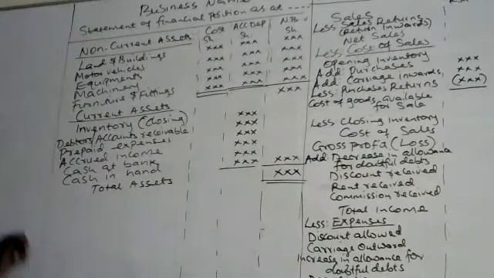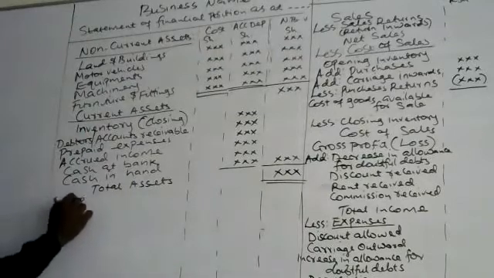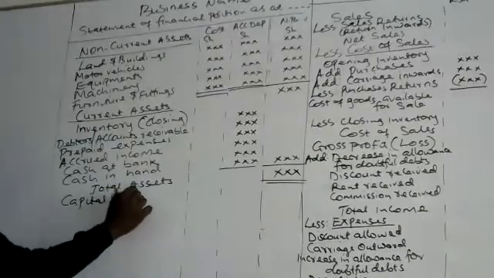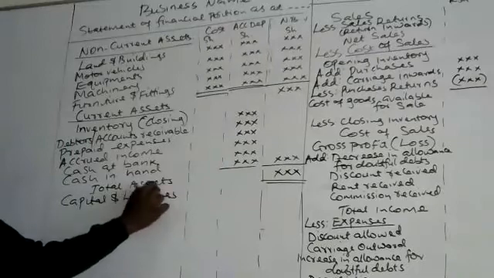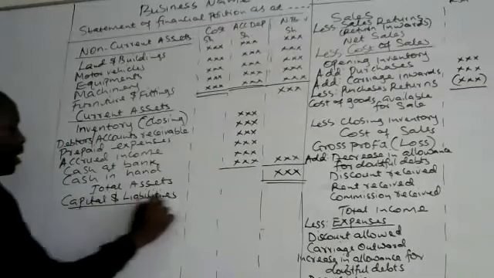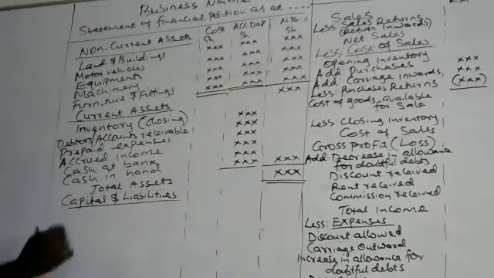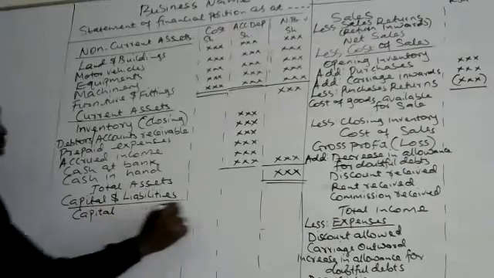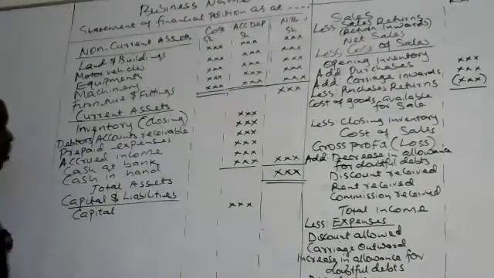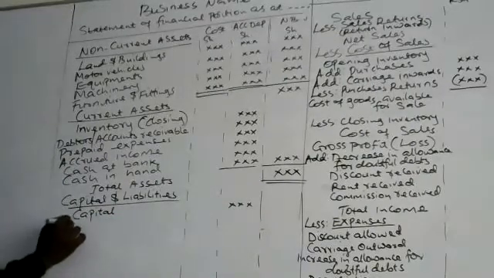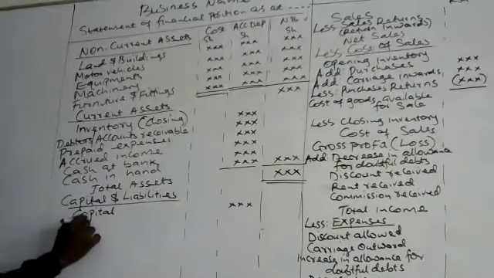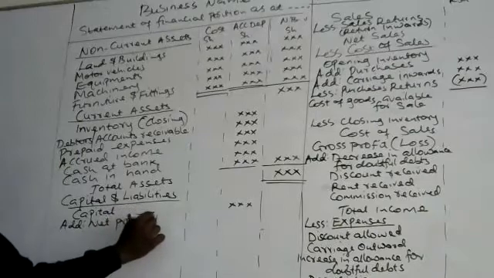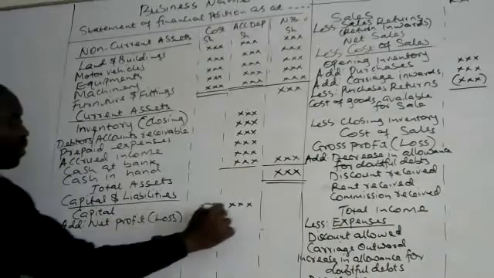After that, we go to the section of capital and liabilities. Start with capital. Put the amount in the middle column. To that capital, add net profit. But if it is a loss, you less.